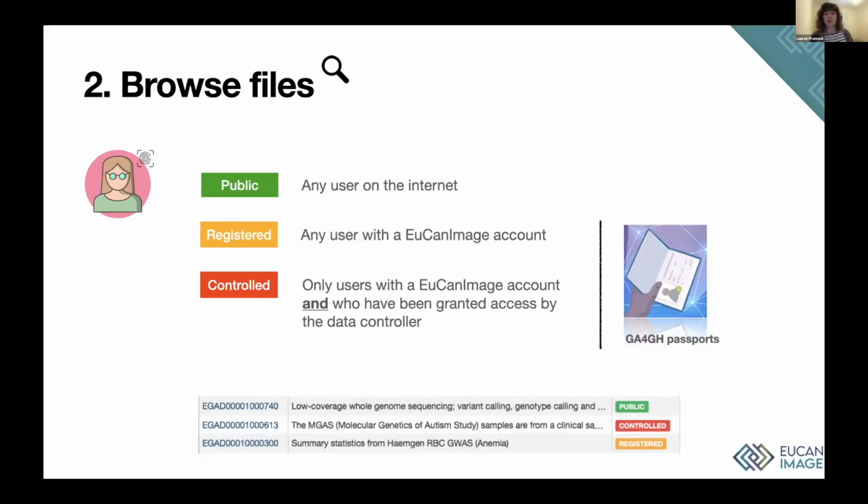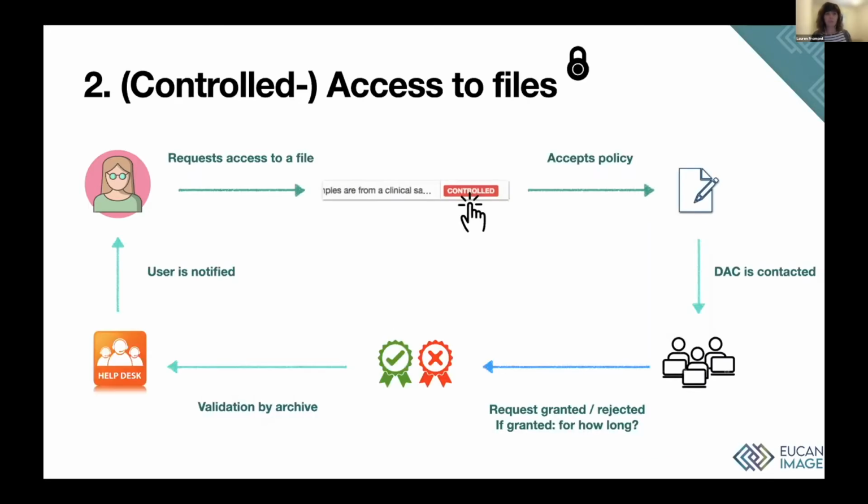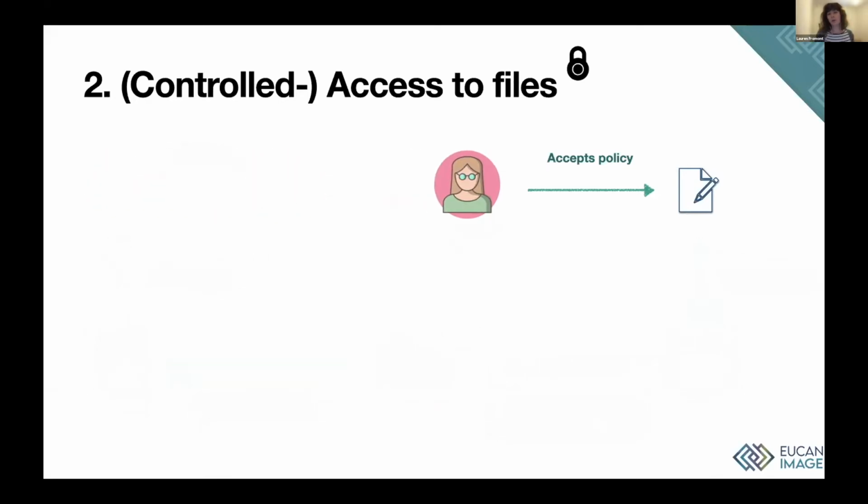If we go a little bit more granular and look at controlled access to files, which is the trickiest type of access but also the more secure, you would go through the following cycle. You would request access to a file, and then you will need to accept a given policy.